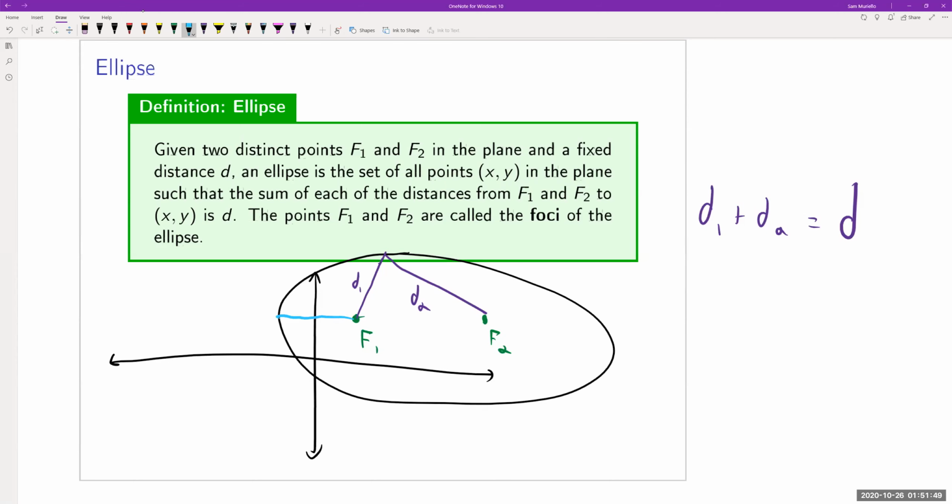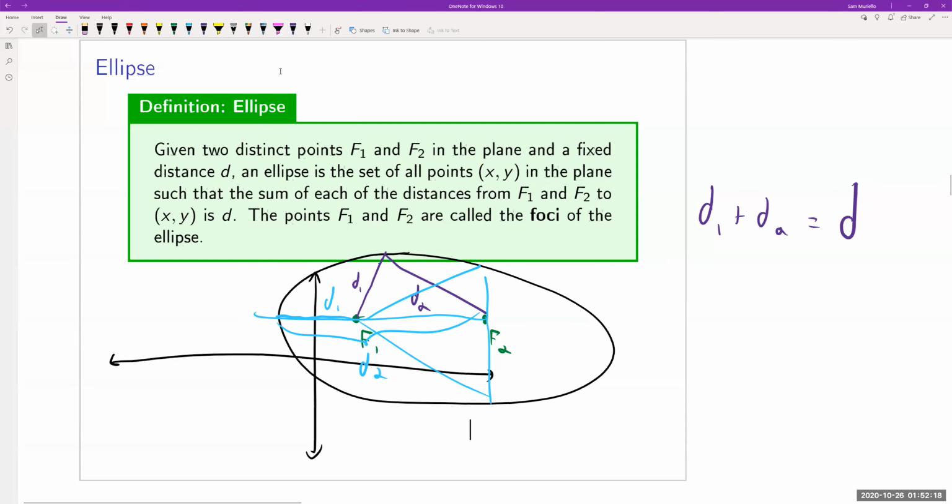So I could go here and here, where this is D1 and this is D2. We could go here and here, or here and here. And the idea is that the total sum of the distances should always be the same. These points are called the foci, and that fixed distance is just called the fixed distance. There's no special word for it that we're going to concern ourselves with.